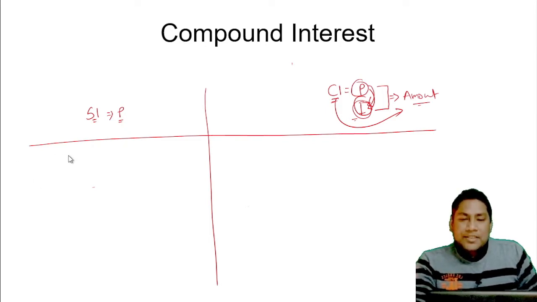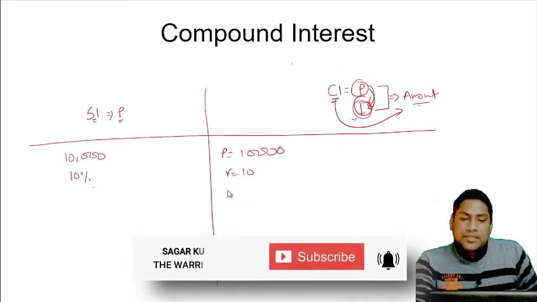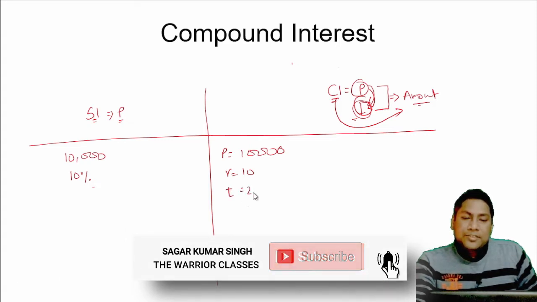Let us take a principal of 10,000 rupees, the rate of interest is 10%, and the time period is 2 years.